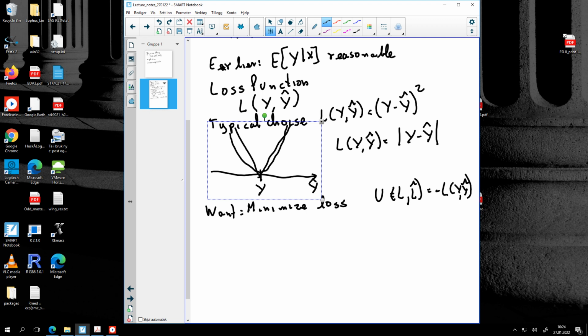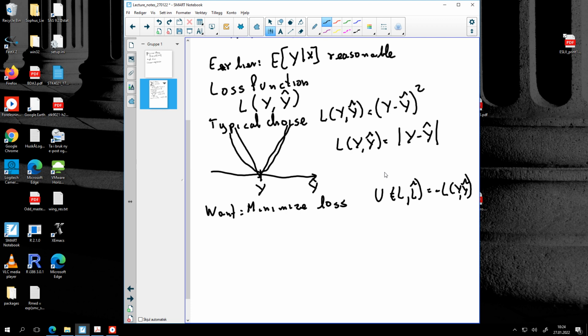So they look in some sense at more positive settings and how good can we do. But it's just changing minimization to maximization. So it's just a different terminology. But as I mentioned, what we want to do is to minimize the loss.